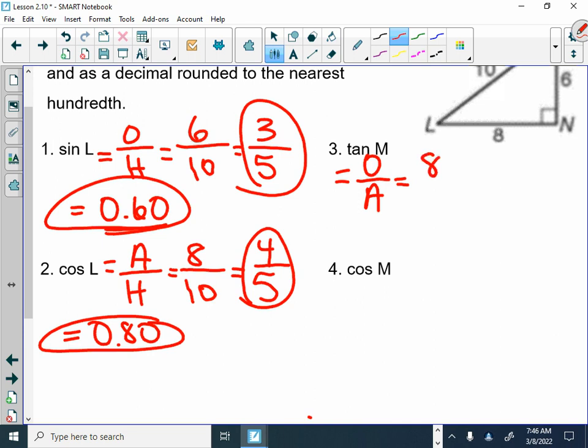So remember, opposite means across from. And which leg is adjacent or next to angle M? 6. Can I reduce 8 over 6? Divide both by 2. What does that reduce to? 4/3. And as a decimal, 1.33 repeating. And remember, to denote repeating, you put a line over it.